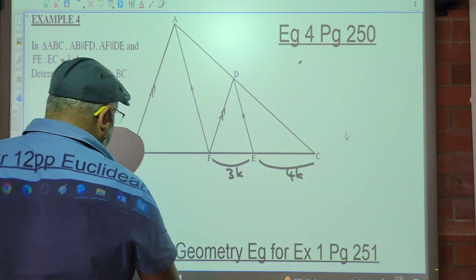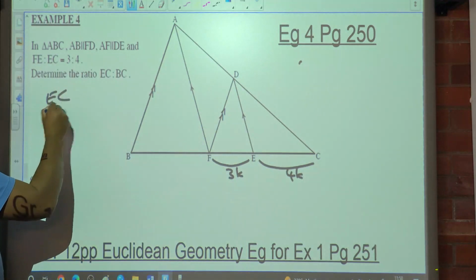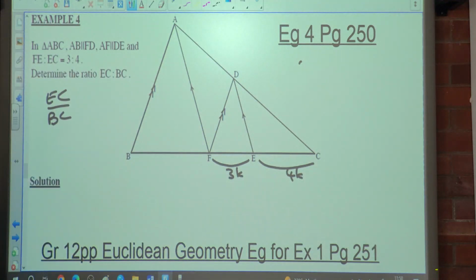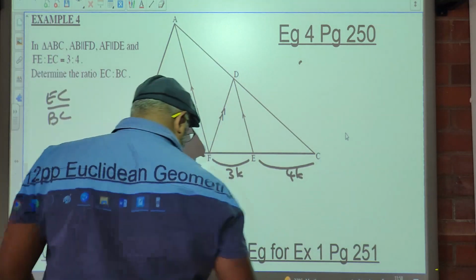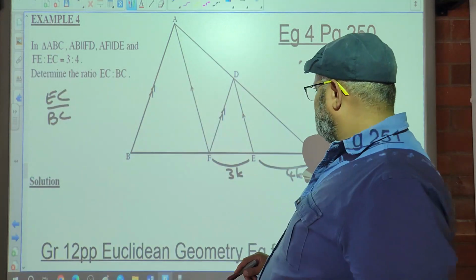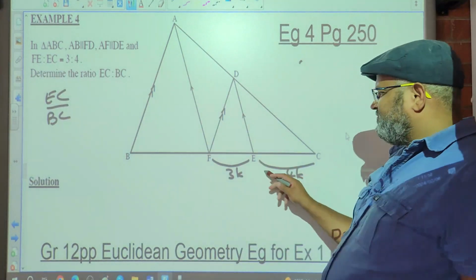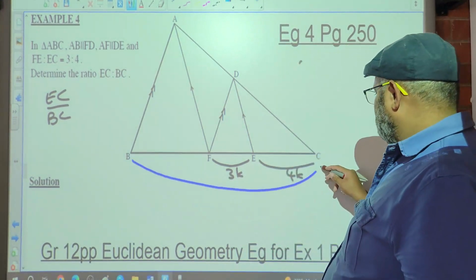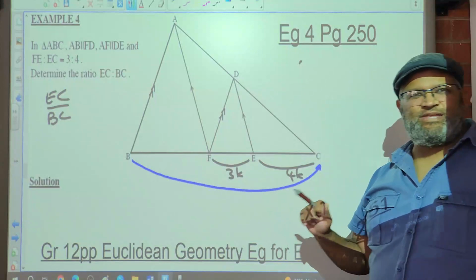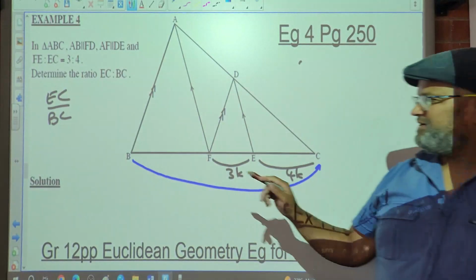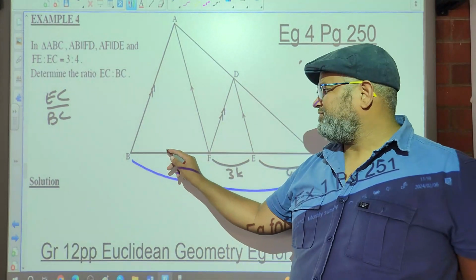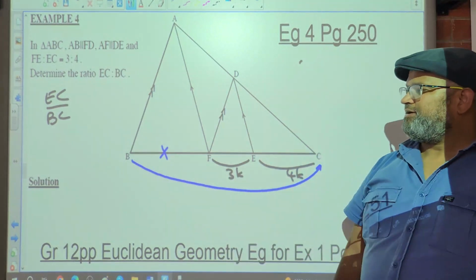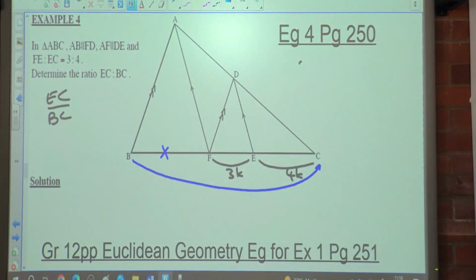The question says determine EC over BC. So I go check. Where is EC? We got EC to be 4K. But they want BC. So what am I shorting to get BC? What am I shorting? BF. Shorting BF.